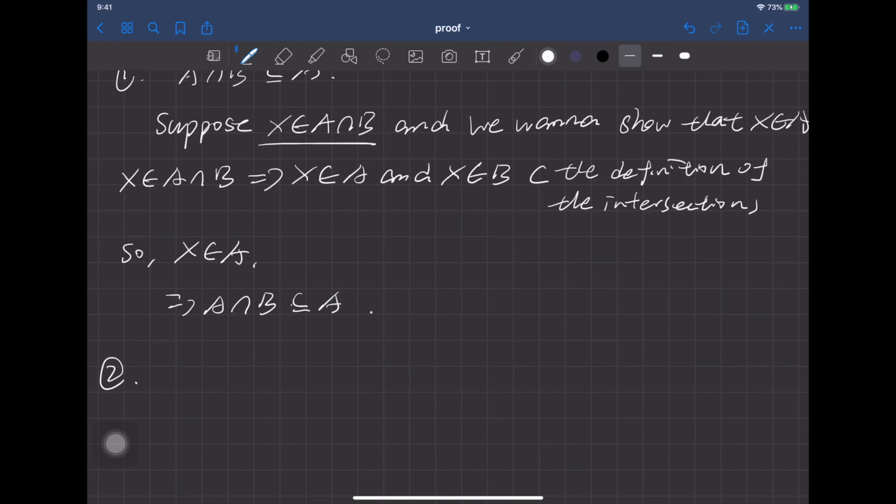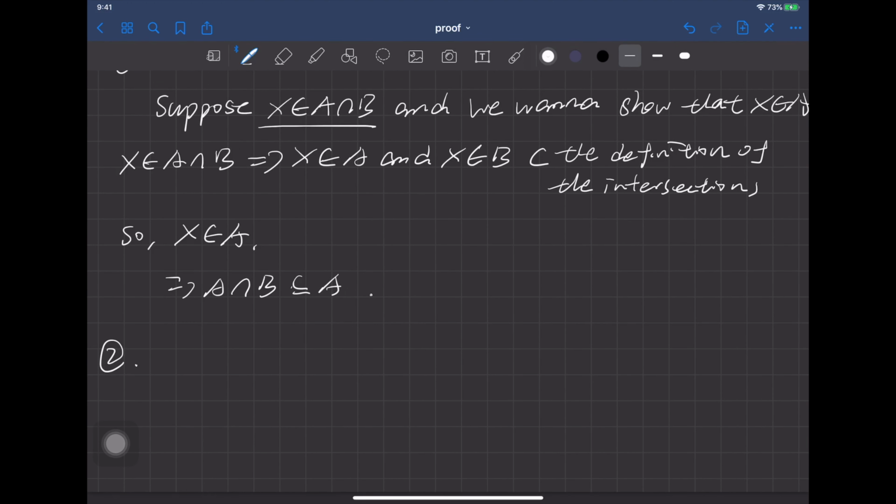Let's look at the second one: A is a subset of the intersection of A and B. Now we can suppose X is an element of A. Then X is also an element of B. Why?